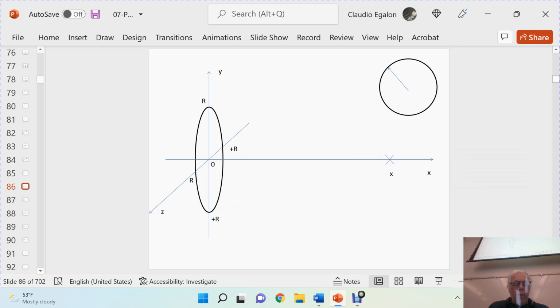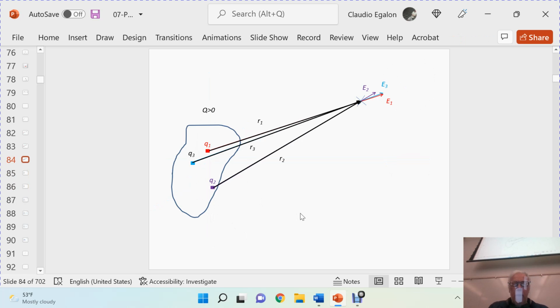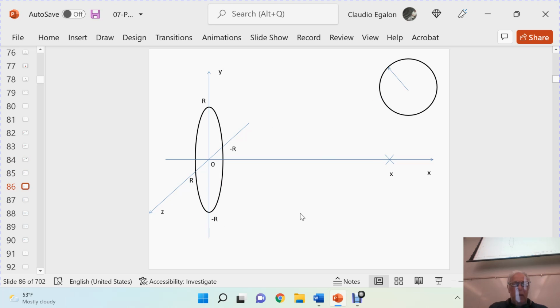I gotta fix that too. It should be a negative big R, right? Negative big R. Have the same one here, negative big R. I know I got those mistakes. Go.